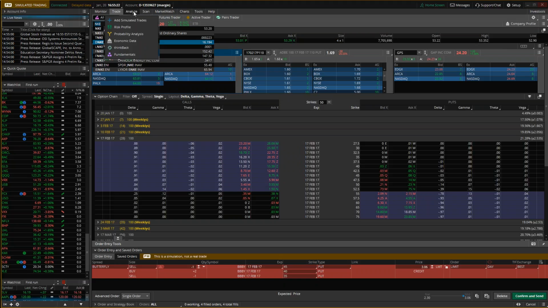By selling that in the money put and the out of the money put, you are reducing your risk by the amount of that straddle, but you're limiting your profitability. So in a sense, your risk is much higher by buying that straddle, and you've got to have a much bigger move. This is a way to reduce some of that risk. But anytime you're reducing your risk, you're also reducing your reward. Does that make sense?